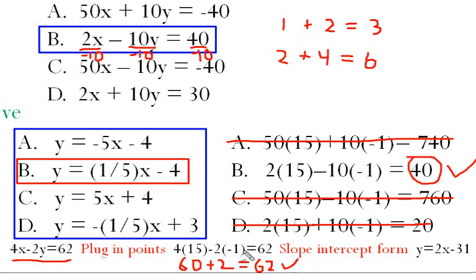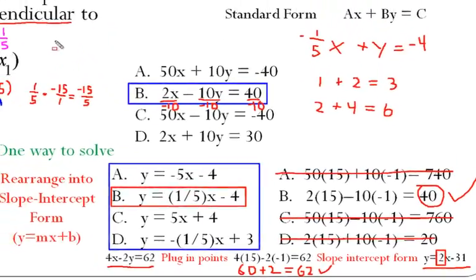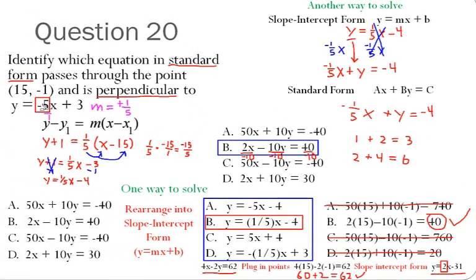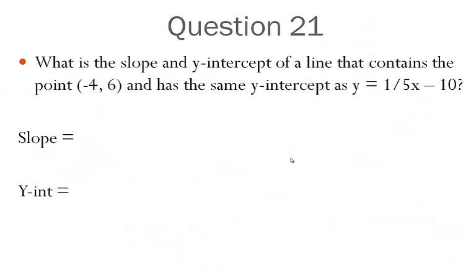But if we rewrote this equation here, 4x minus 2y equals 62, in slope-intercept form, we would get this. And this slope here of 2 is not perpendicular to this equation. So this would have been an incorrect answer. But when we plugged in the points, it worked. So that's why this method isn't always the best way. It could have worked for this particular problem, but it won't always work.